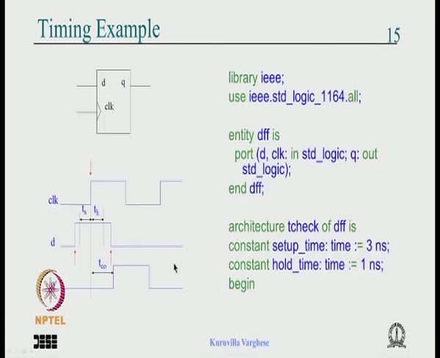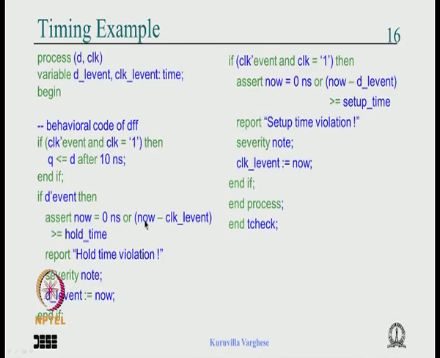So that means there is an event on D and we have subtracted the last event on the clock which was stored, and we have to check it is greater than hold time. That is what it does. Now minus clock last event is greater than or equal to hold time.